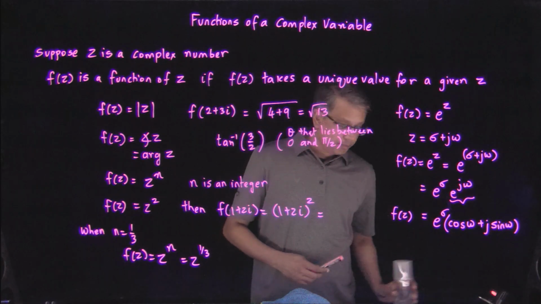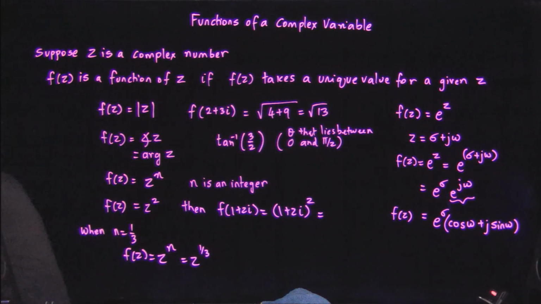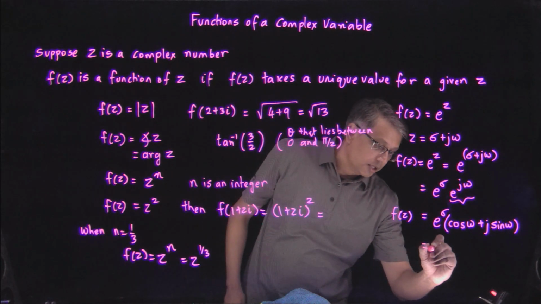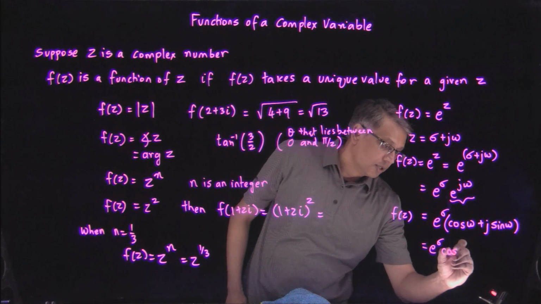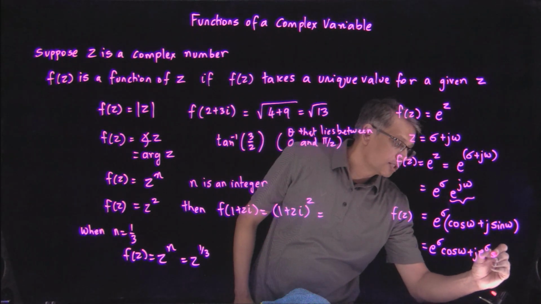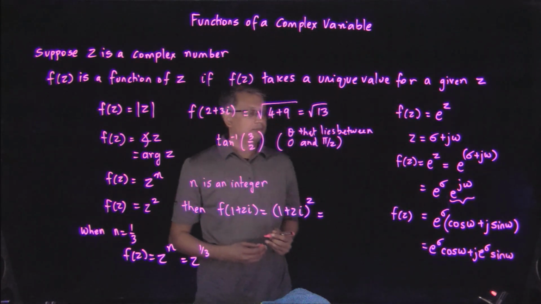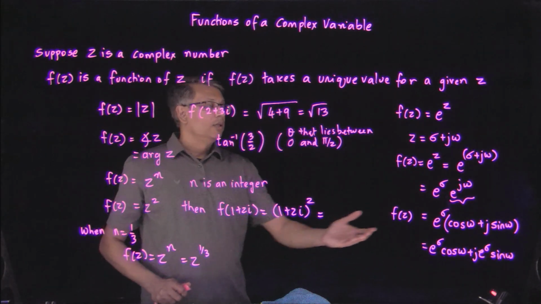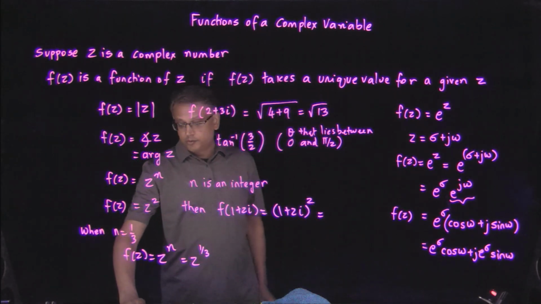So that's just another complex number, which in Cartesian form is e to the sigma cosine omega plus j times e to the sigma sine omega. Okay, so this is a function that you might see a few times in the course.